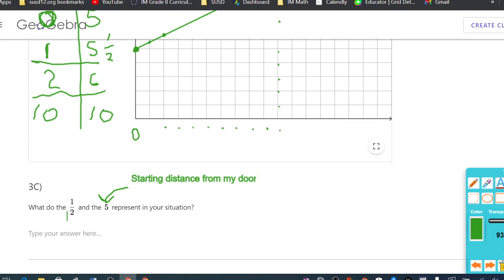And the 1/2 equals the snail's speed, or the rate at which the snail moves away from my door. Speed is a rate.